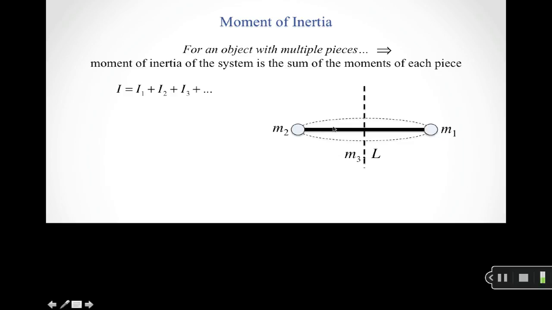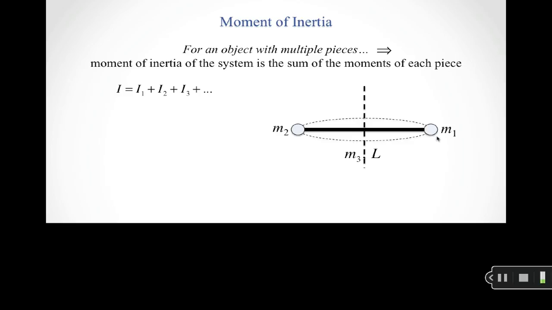So I've got two things that I can treat as point particles, and then a third object here that is part of my system that I can't treat as a point particle, right? I care about its shape. Well, again, what I'm going to do is I'm basically just going to say that the moment of inertia for my system is just going to be the sum for each piece that makes up my system. So I can break up my system into pieces and calculate the moment of inertia for each piece, and then I just need to add those things together.